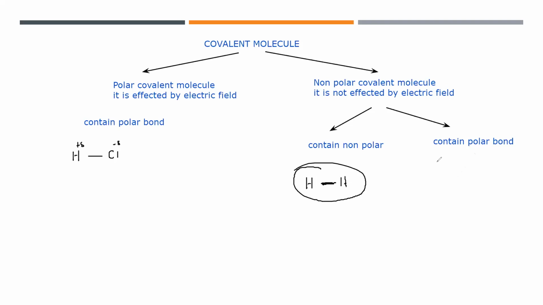How can this happen? For example, carbon forms a bond with four chlorines. Carbon is partial positive. This chlorine is attracting, this chlorine is attracting, so all four chlorines are attracting the electron pairs. So the net resultant distribution of the electron is zero.